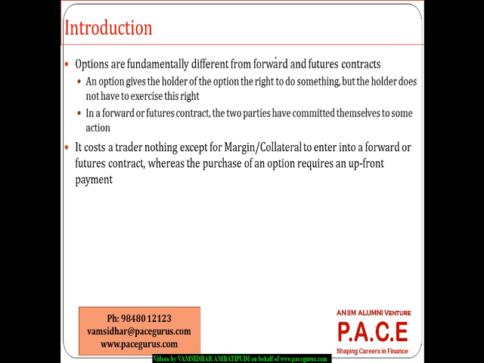So, options are different from forwards and futures. We know that, because in forwards and futures, when two parties are getting into an agreement, both the parties have to adhere to the contract. They cannot really default on the contract.